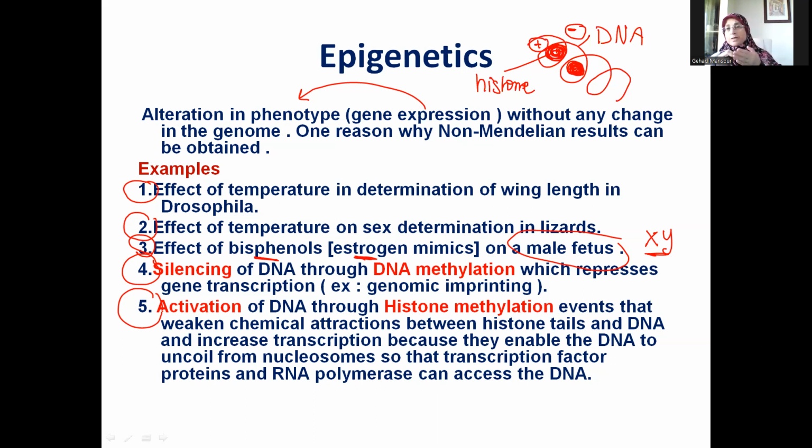If you methylate histones at certain amino acids, then this methylation will be a barrier between DNA and histones and will weaken the attraction. And this attraction force is what fixes the DNA in the coiled and condensed form. So if you weaken that attraction, then you're weakening the attraction between DNA and histone.